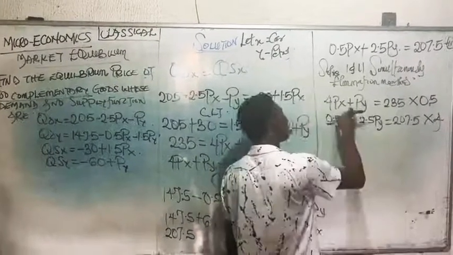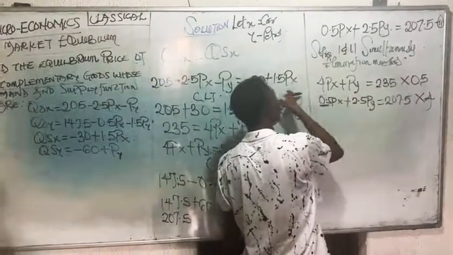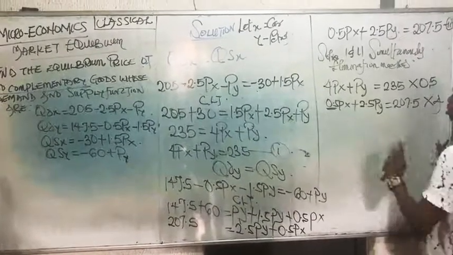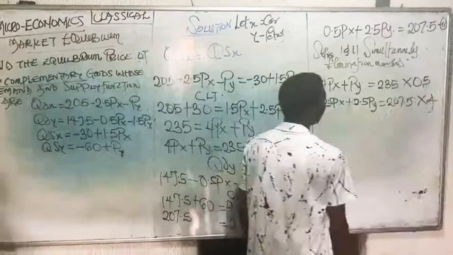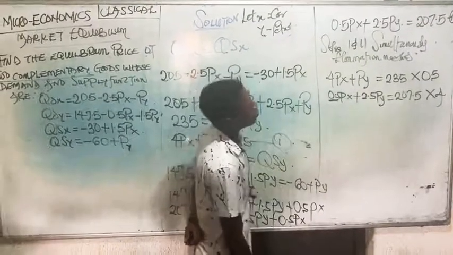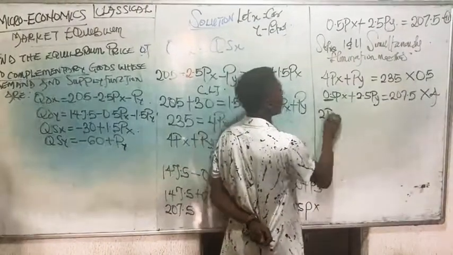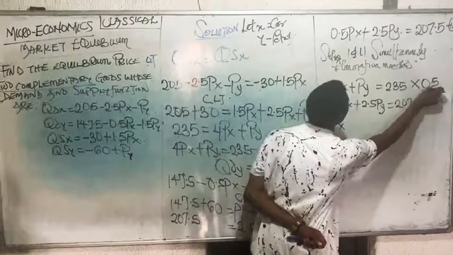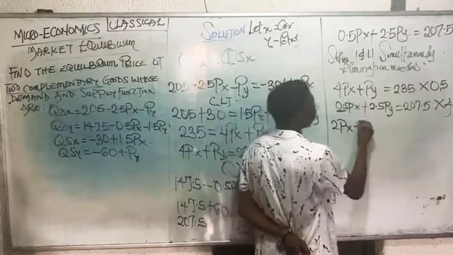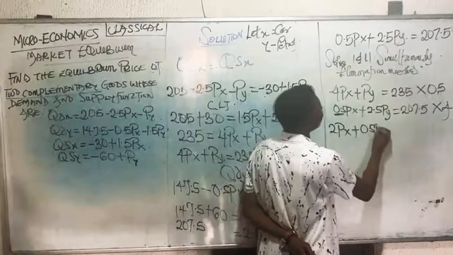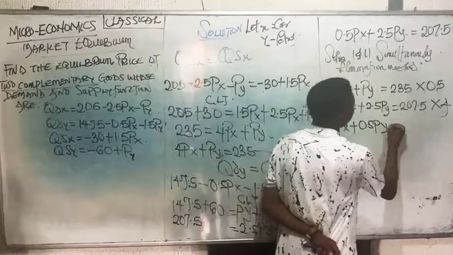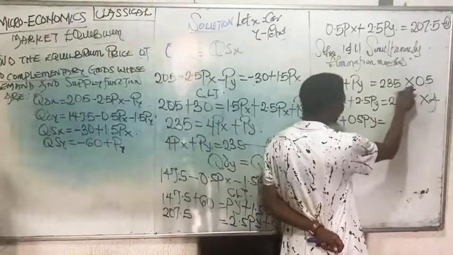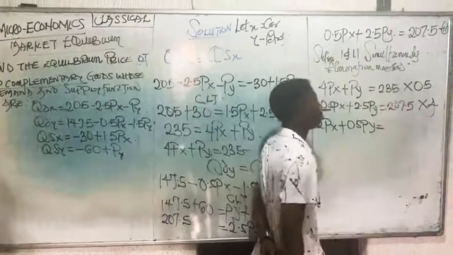So 0.5 times 4Px gives us 2Px, and 0.5 times Py gives 0.5Py, equals 0.5 times 235.